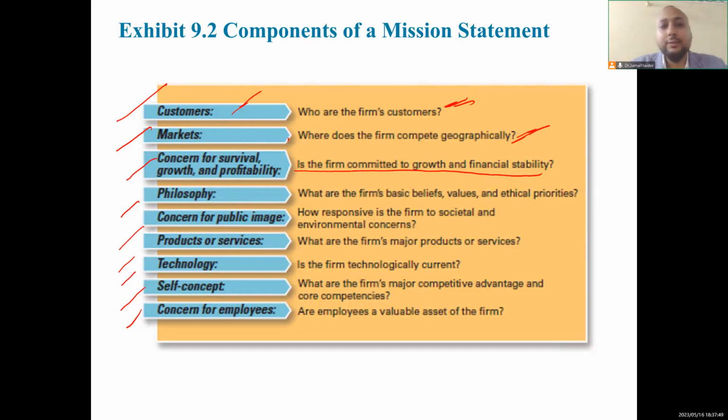Their philosophy, which means their business practices and beliefs, whether they will follow ethical values, whether they focus on employees and give them comfort. Like Facebook and these technology companies, Microsoft, they give employees VIP treatment. Their medical costs are covered. They are treated as partners in the firm.